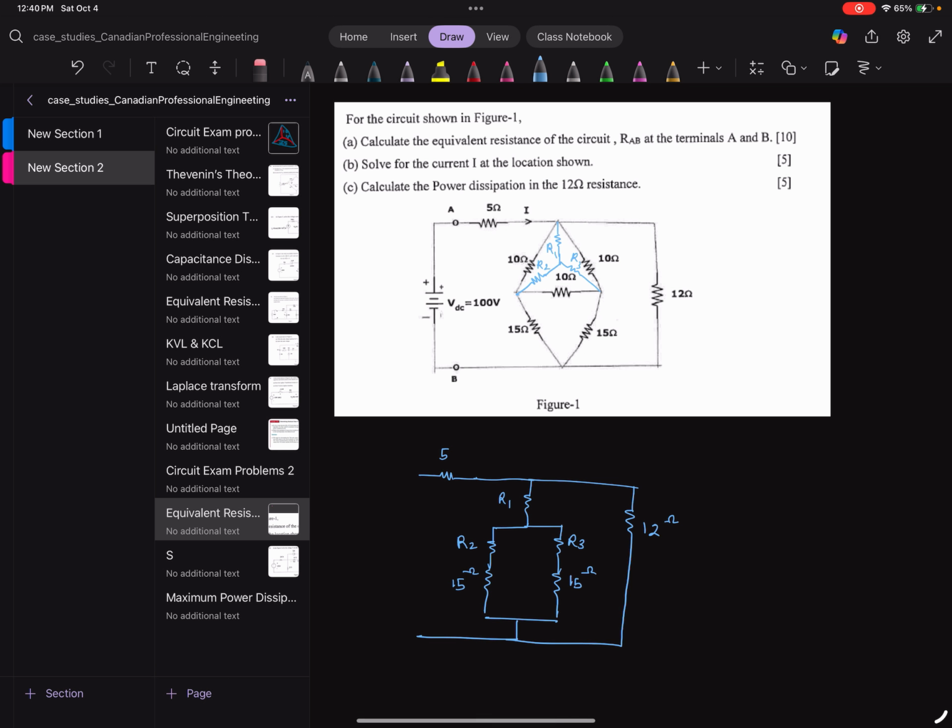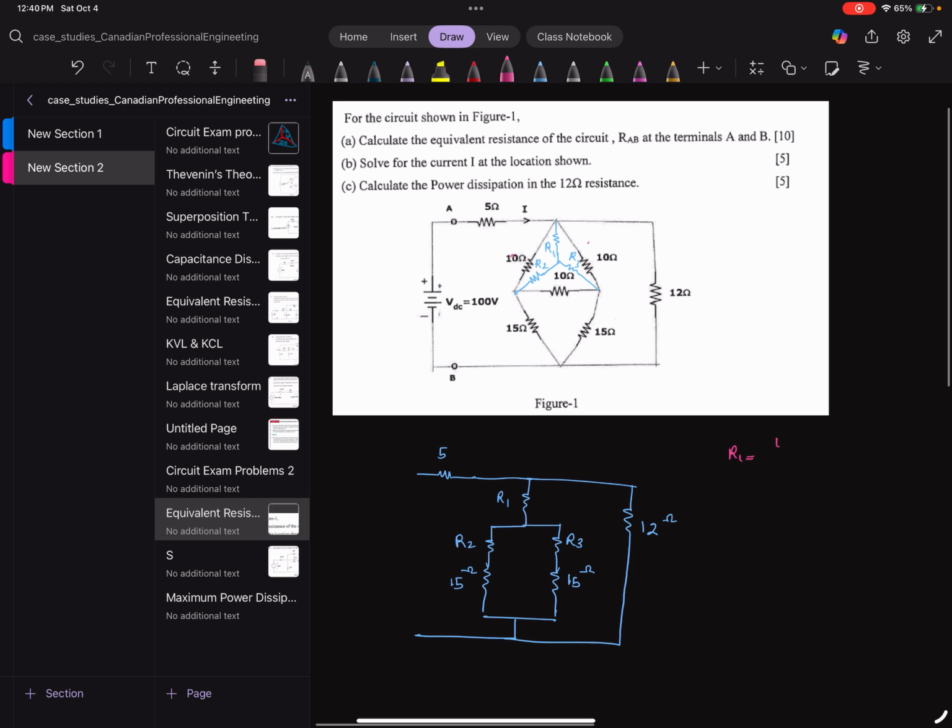So let's go here. R1 is between the 10 ohm and the 10 ohm here, so it's going to be 10 multiplied by 10 over the summation of all three resistances. We replace this one, and then this one, so 10, all of them.